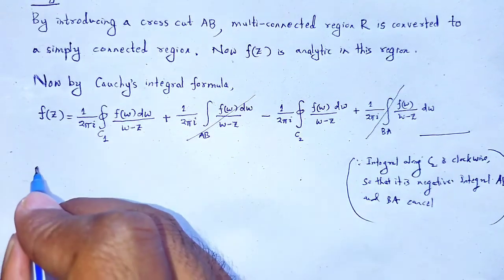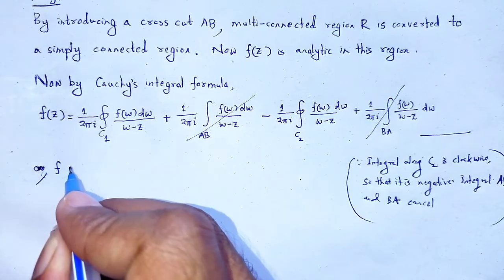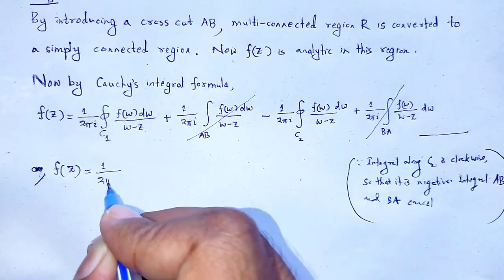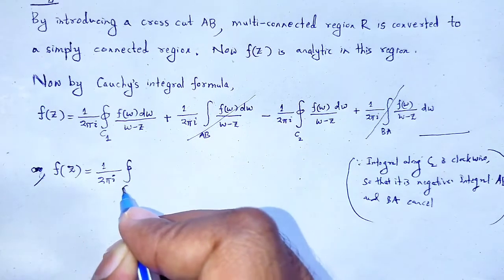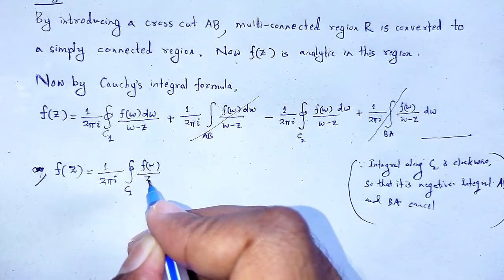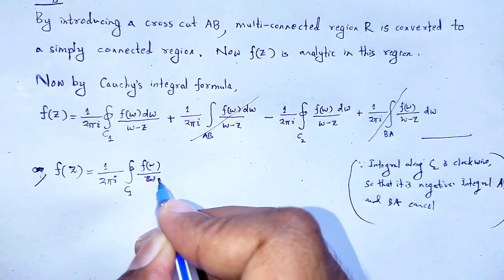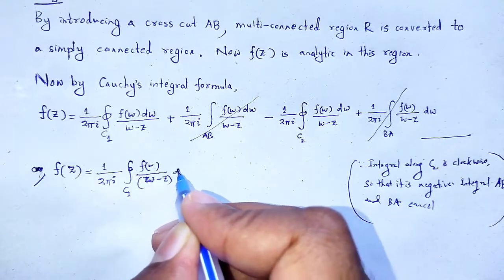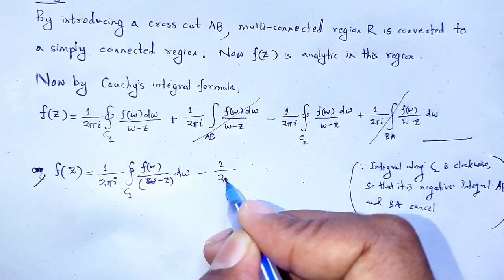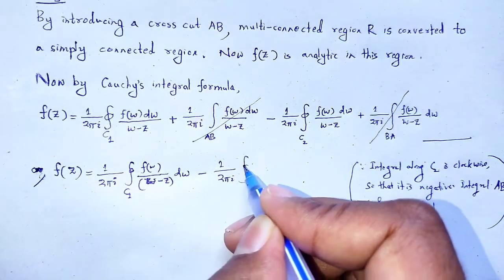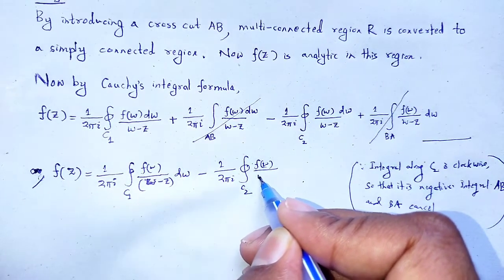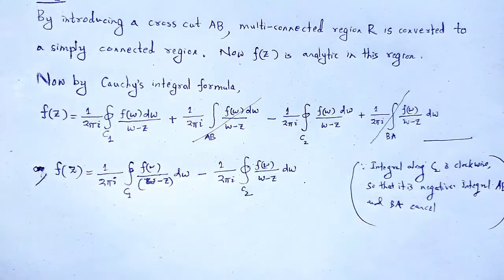Here the equation becomes f of z is equal to 1 by 2 pi i closed curve integration over C1 f of w divided by w minus z dw, next integral minus 1 by 2 pi i closed curve integration over C2 f of w divided by w minus z dw.